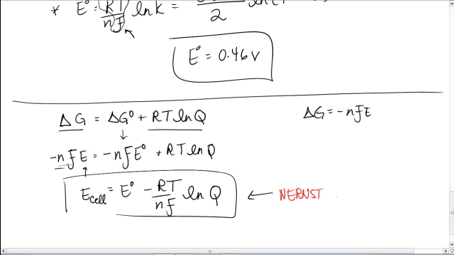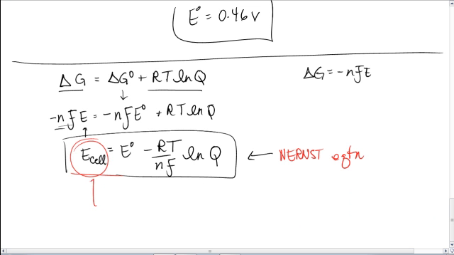Yeah, that just kind of sounds funny. But the Nernst equation is used when you want to find E not at standard conditions.